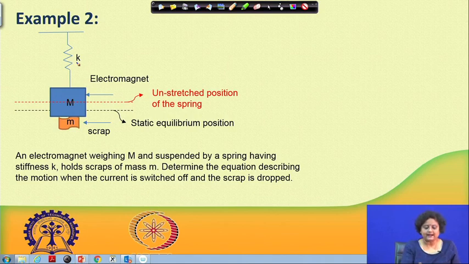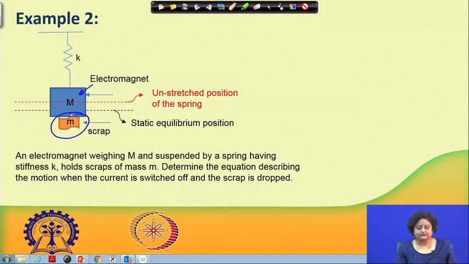I have a capital mass M, which is basically an electromagnet. This electromagnet is used to lift iron scrap in an industrial area. This is a real problem where this kind of application is very commonly seen. So, this electromagnet is used to lift this scrap small m.